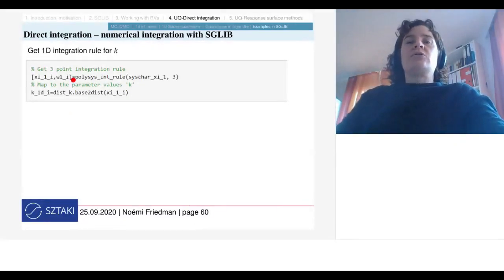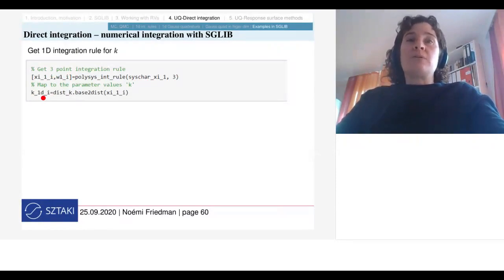So to get this integration rule, I need this letter that I got, which will be for the Gaussian distribution an H letter actually. And now I want a 3-point rule. By assigning that, it will give me the integration points and the integration weights in this direction.